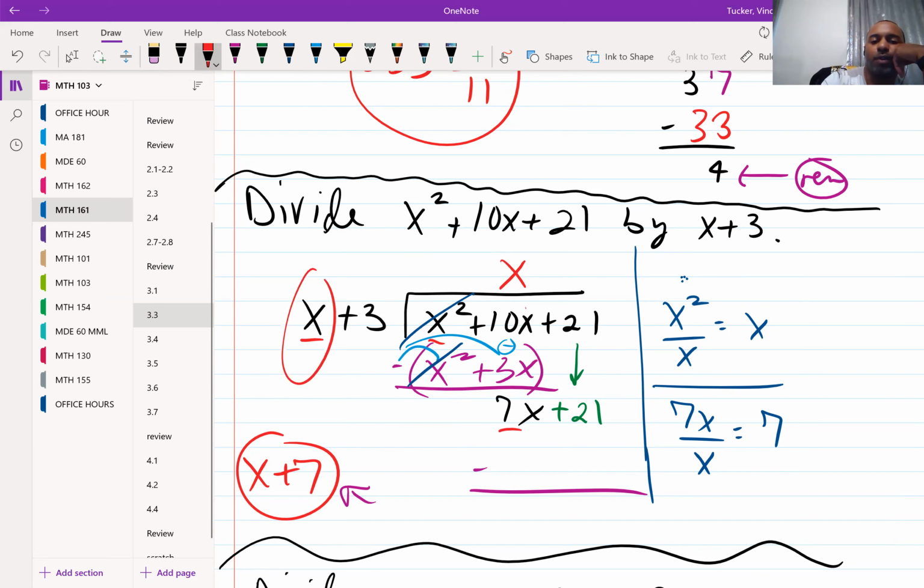Once again, compare the first terms in each now. X and 7x, what times x will give me 7x? And it's just 7. That's what goes up here. Take your 7 now, multiply to each term out here. And that is going to be 7x plus 21.